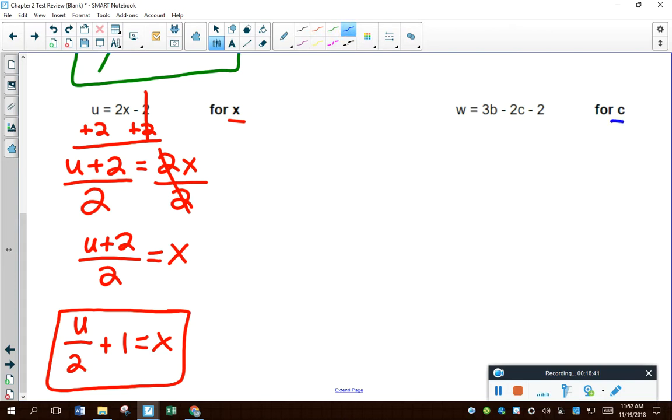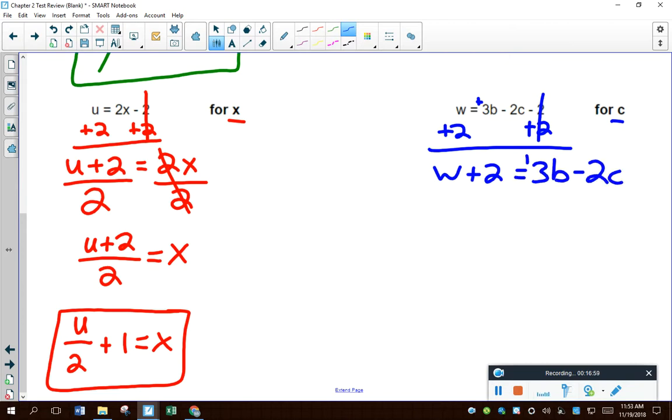The last one, they want us to solve for c. So we could do a few things first. We have a positive 3b and a minus 2c. I'm going to add 2 to both sides. And we're left with w plus 2 is equal to 3b minus 2c. Again, this is a positive 3b, so I'm going to subtract it from both sides. 3b is not a like term with w or 2, so it stays by itself.